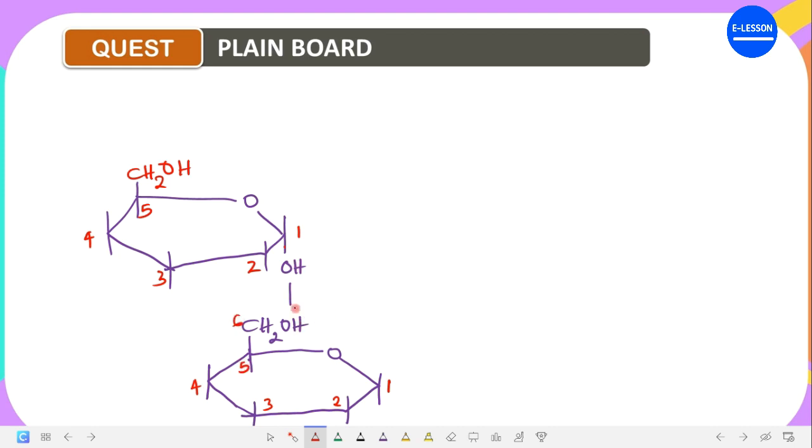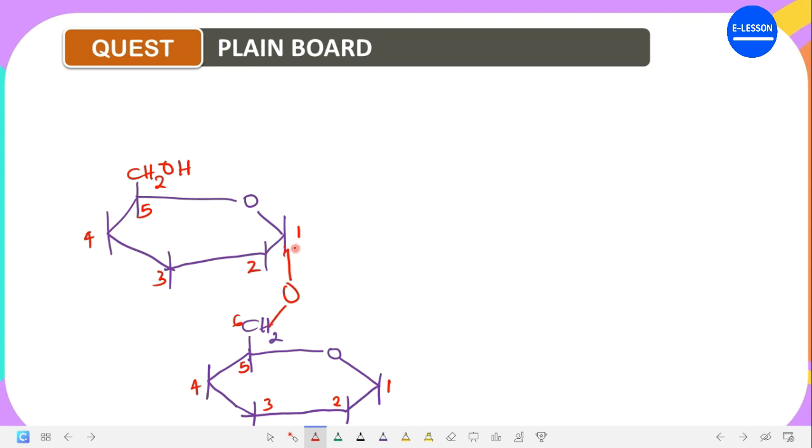So this OH and this OH can form H2O, which is water. When this OH and this OH combine together, it forms a bond, which is the linkage here.